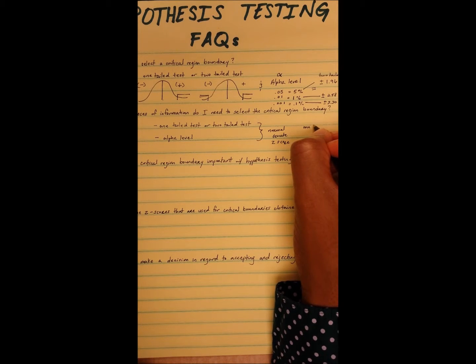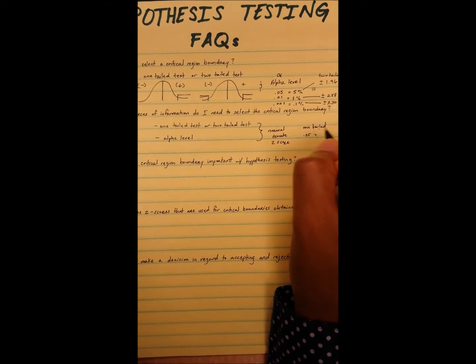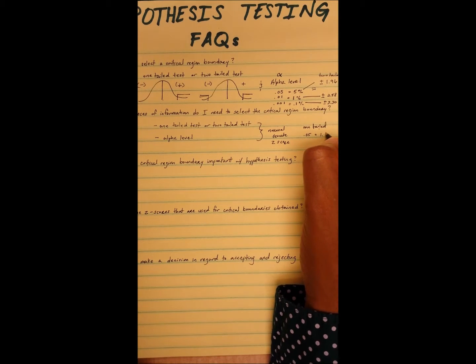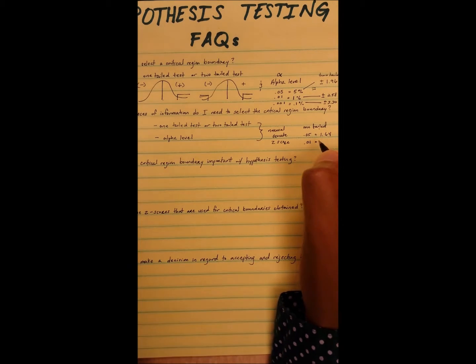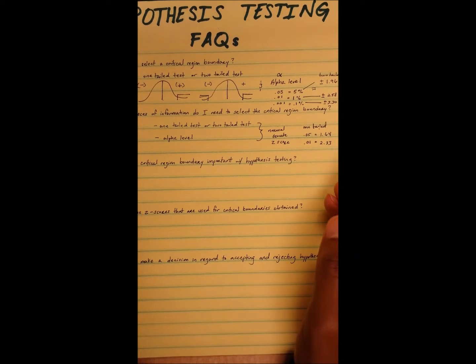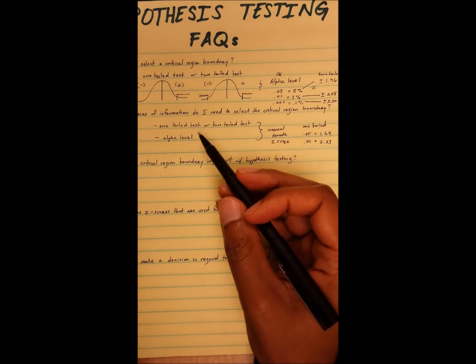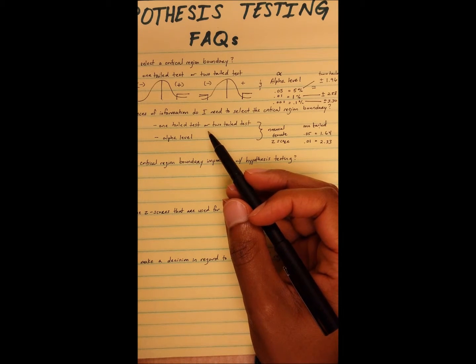And for one tail, let's go ahead and write that out. For a one-tailed test with a 0.05 alpha level, you can go with a normal deviate z-score of 1.64, and then for 0.01 you can go with 2.33. Now, something to keep in mind is that if you're going with a one-tailed test, that means you have a directional hypothesis.